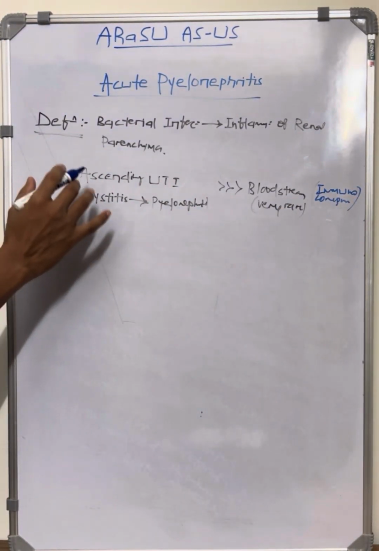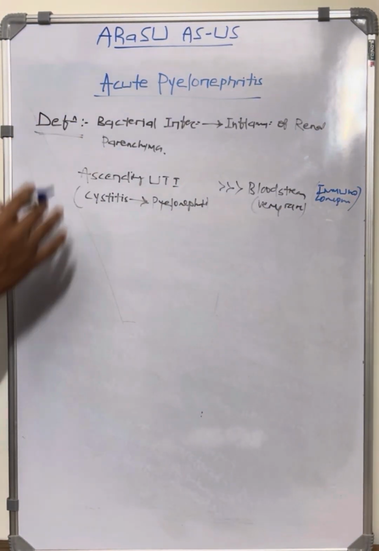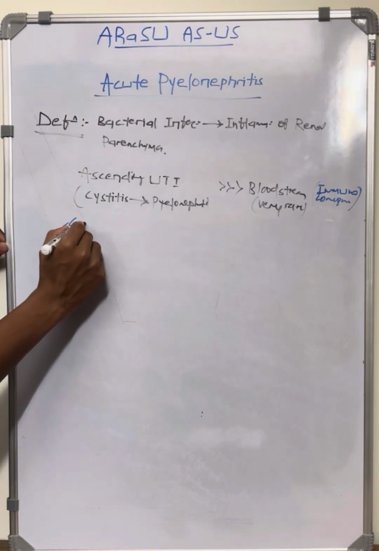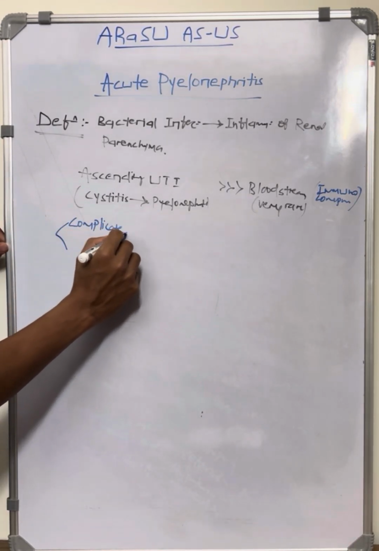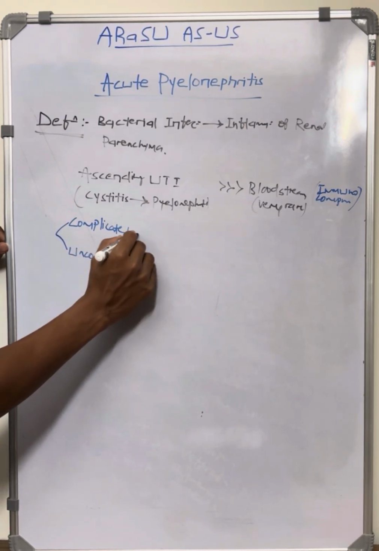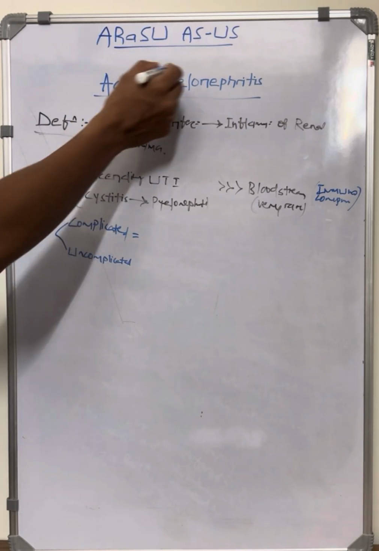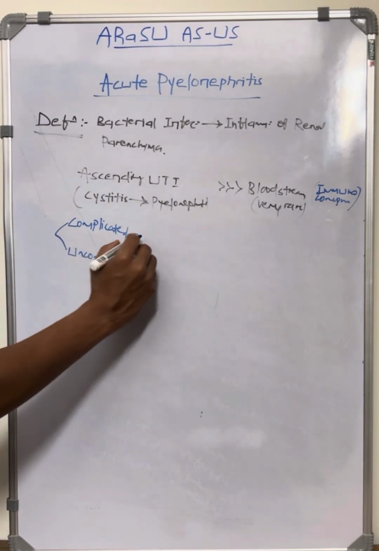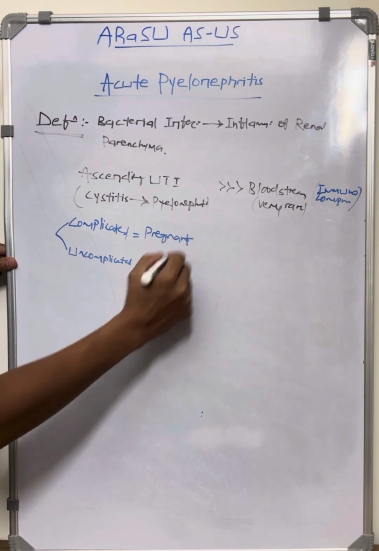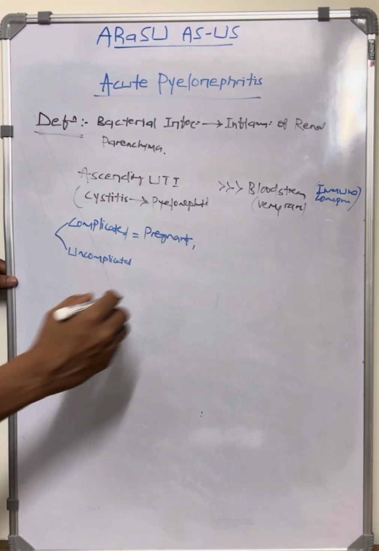Now, whenever we suspect pyelonephritis, first decide whether it is complicated or uncomplicated. So when do we say it is a complicated UTI or complicated pyelonephritis? Suppose the patient is pregnant, or has any anatomical deformities.